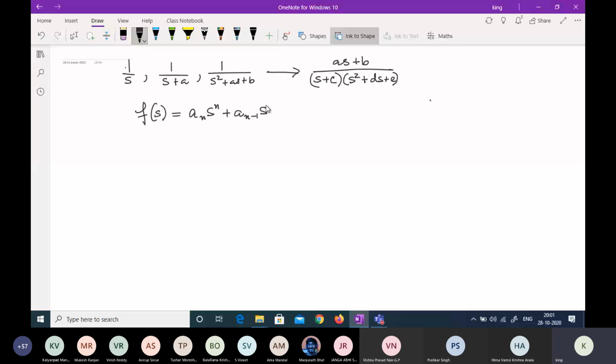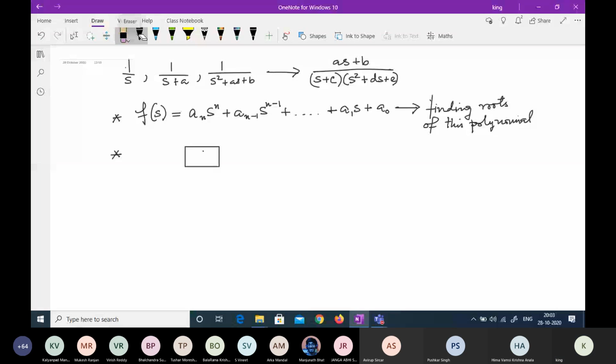Second is, you have say a system which is defined by some, oh Jesus, Sir, you are muted.